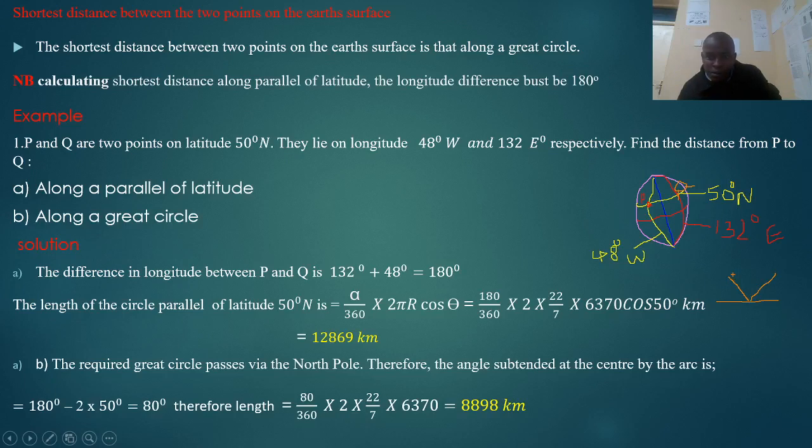Then I have this arc, the arc here, which is P and Q. My Q is here.